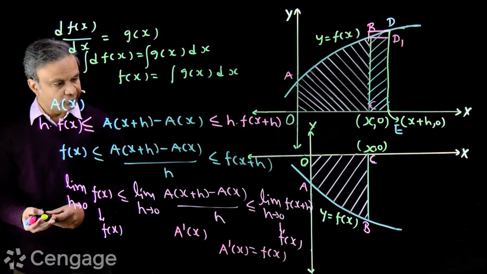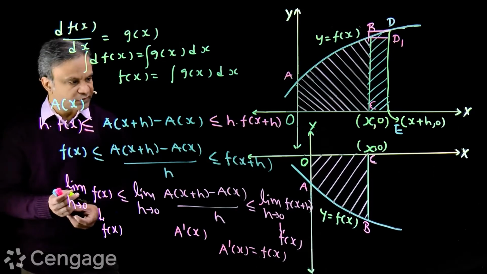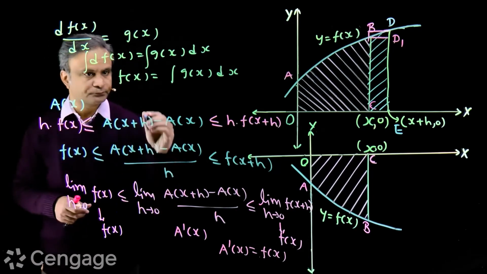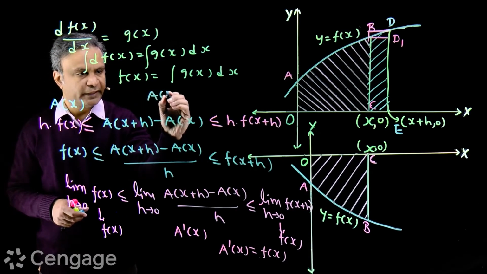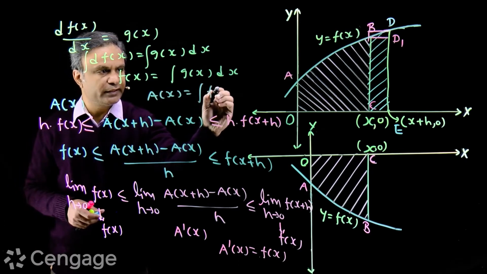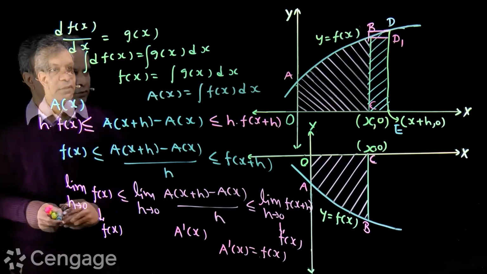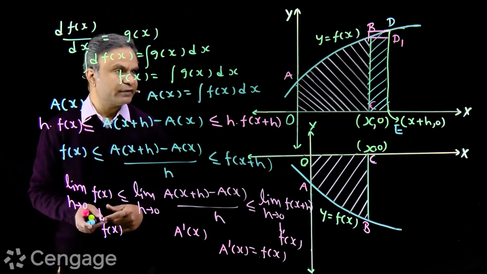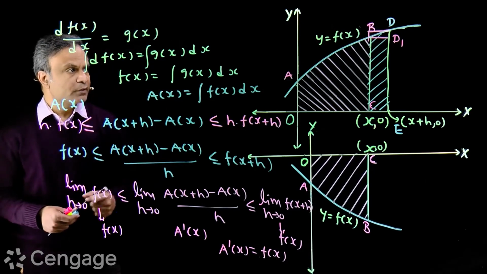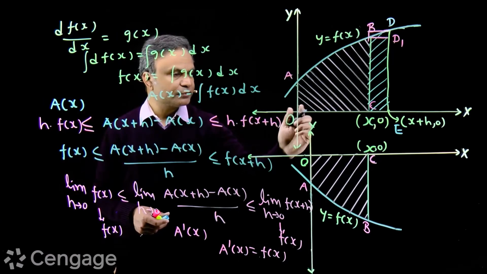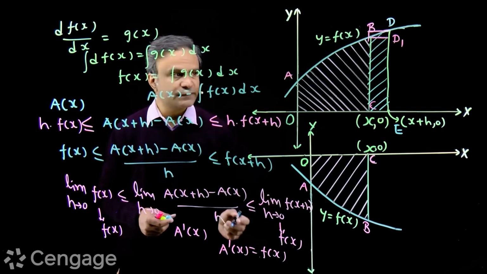Okay. Now what do we do? We integrate both sides. We get a of x is equal to integration of function f of x. ठीक है ना? So here integration of function f of x is area function. Okay, but this area is for x belongs to 0 to x.